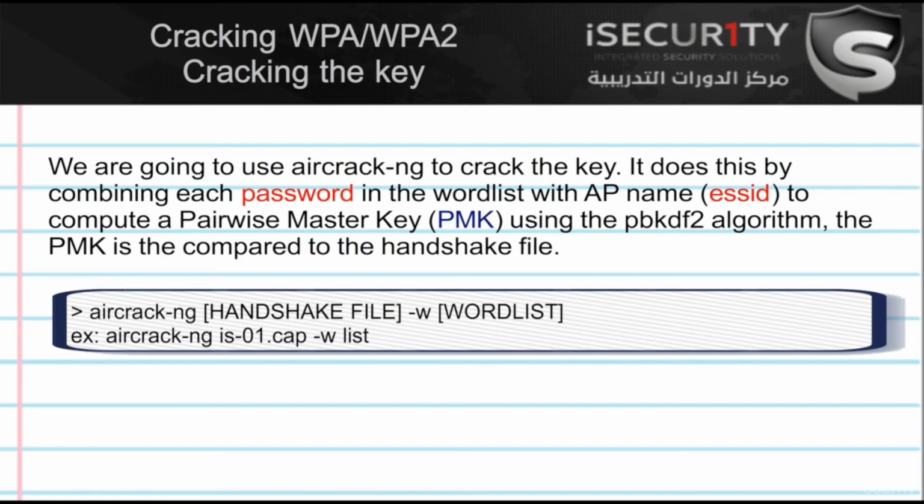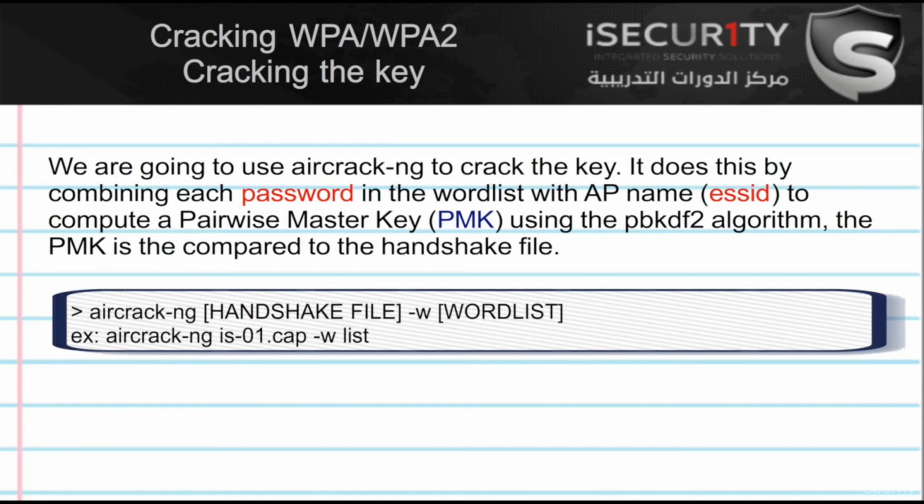So it's not just combining the password and the ESSID. It's encrypting them in a certain way. And then it's going to compare the PMK to the handshake. If the PMK was valid, then the password that was used is the password for the target access point. If it wasn't valid, then aircrack-ng is just going to try the next password.